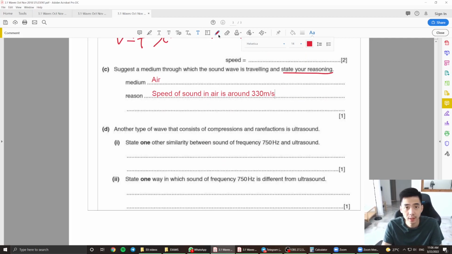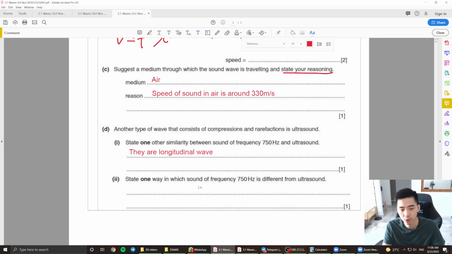Then finally, another type of wave that consists of compressions and rarefactions is ultrasound. State one other similarity between sound of frequency 750 Hz and ultrasound. They are both longitudinal waves.